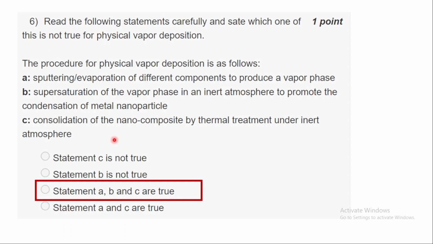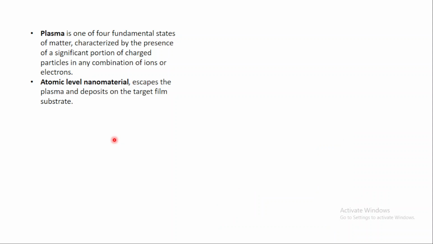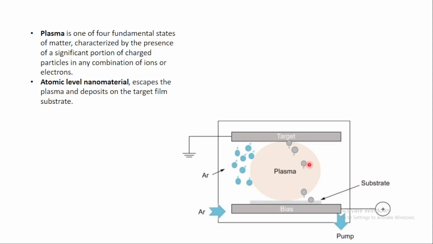Supersaturation of vapor phase in an inert atmosphere to promote condensation of metal nanoparticle. This is also true because in the plasma state, when will the atoms escape the plasma state? When the plasma state is supersaturated. If I go back to the slide, what does this plasma state constitute of?